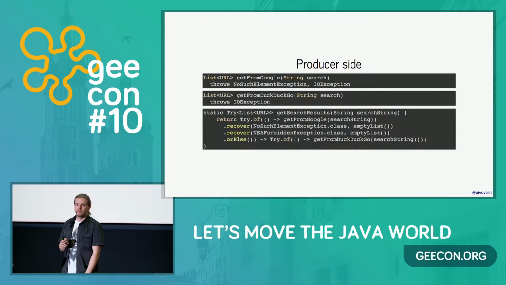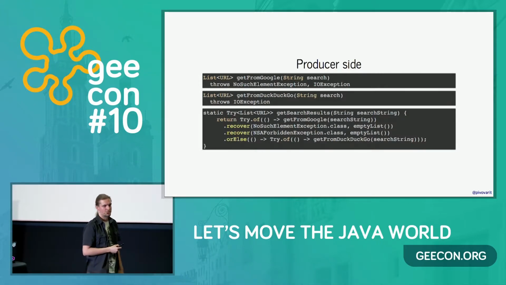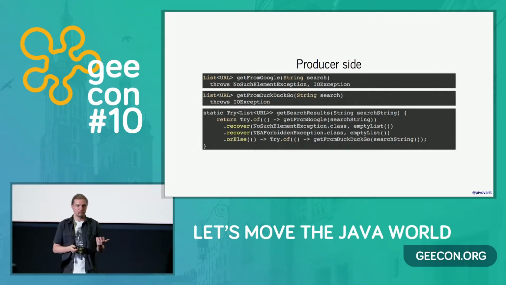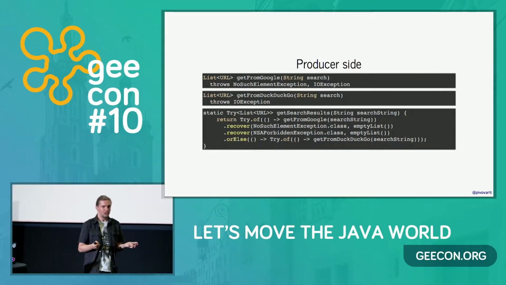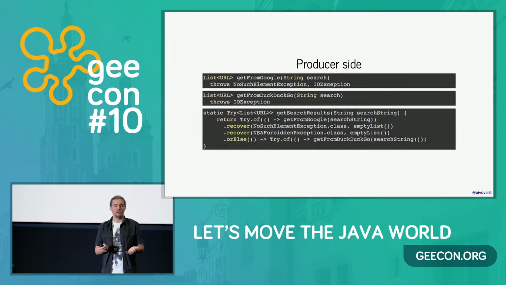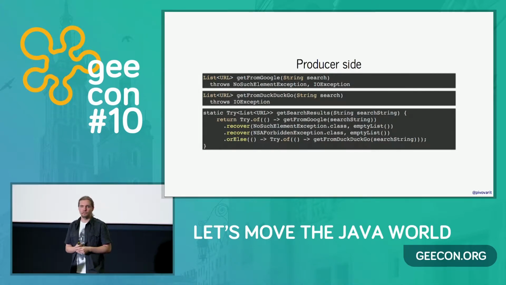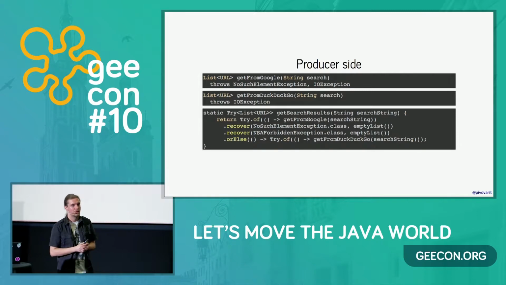The first type of exception that method throws is NoSuchElementException. And what does it mean? It means that the element was not found. So why bother and throw an exception in such a case? Let's recover from NoSuchElementException and return an empty list instead.